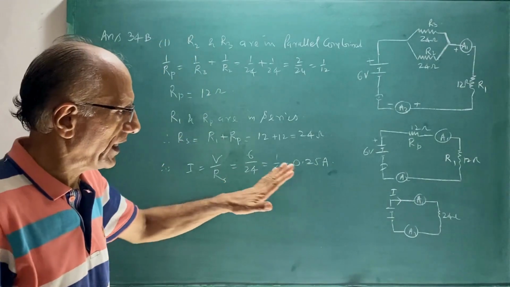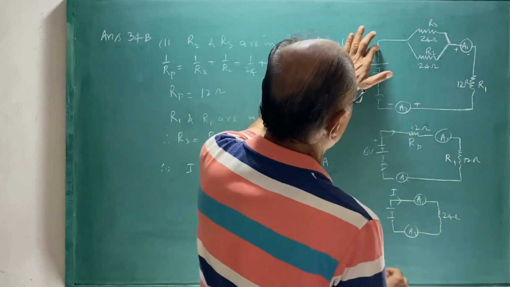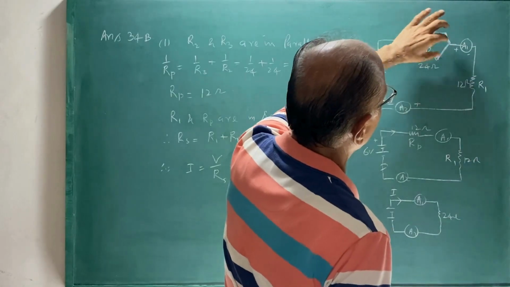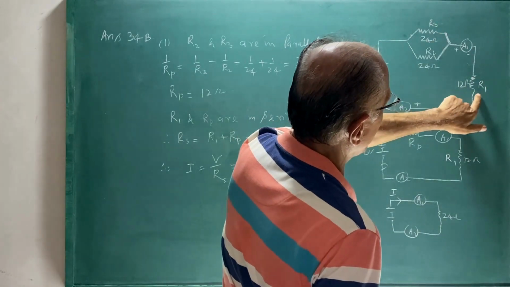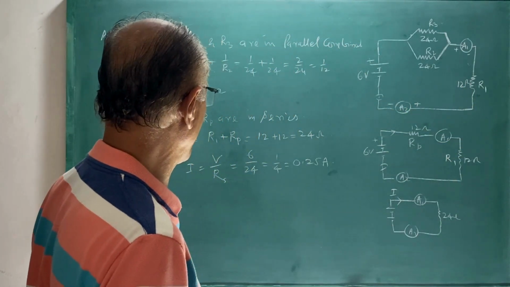So whatever current is passing here will be divided here and here, and finally combine again here.